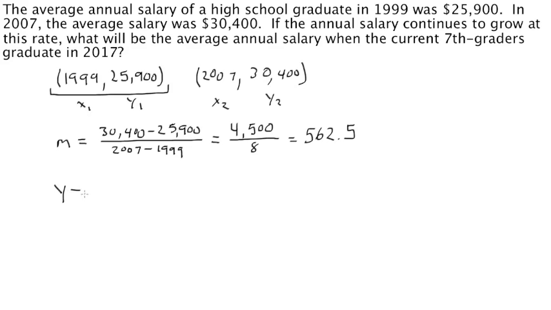Now to find the equation of our line, we just put the pieces together. So y minus y1, so y minus 25,900 equals 562.5, this is our slope, times x minus x1, so 1999.